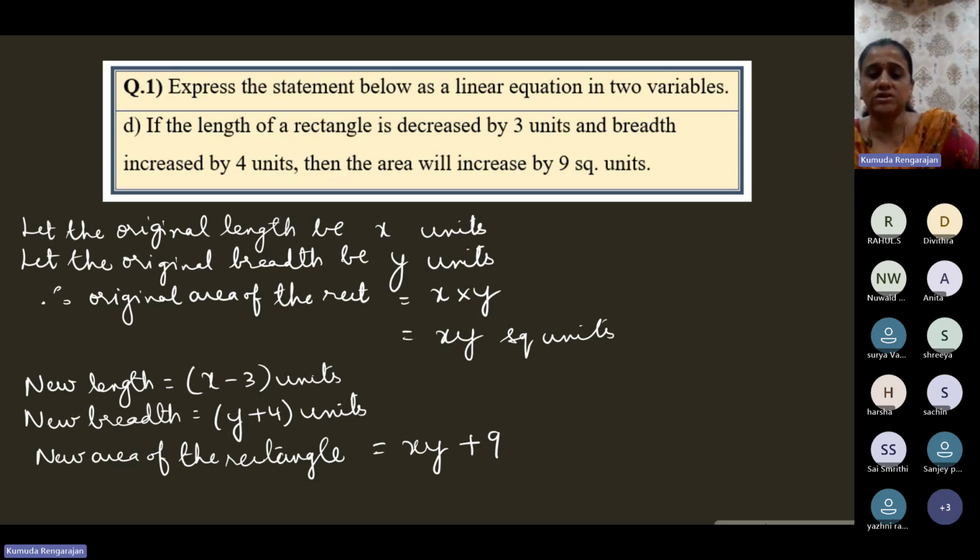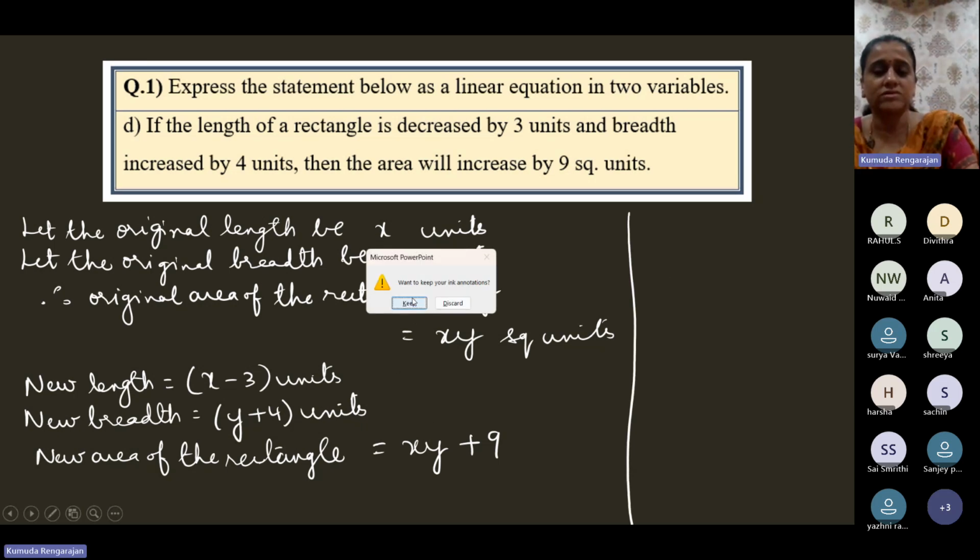So how will you construct the equation? This is only the assumption part.